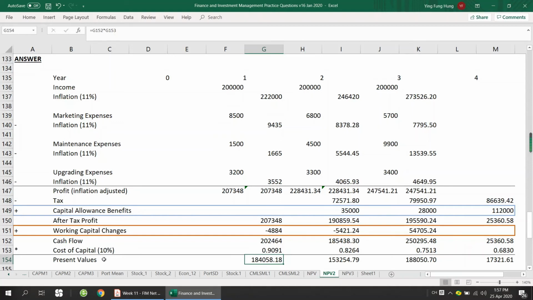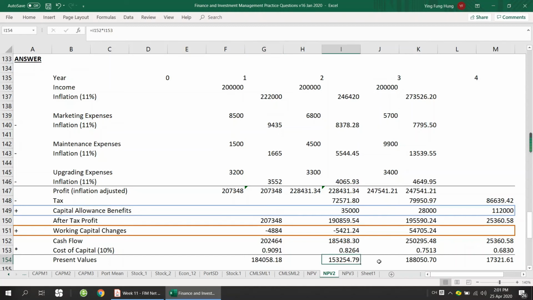That's why, after applying the discount factor, we get a present value of 184.05818. That means the approximately 200,000 in year 1 will only be worth approximately 184,000 today.